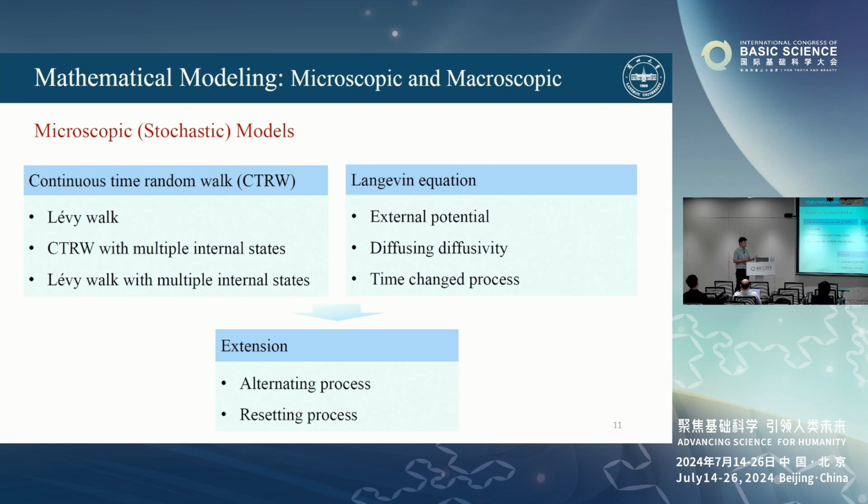We can also do a time change to Brownian motion to get a process which can characterize subdiffusion. But the time change process is still a process, a map from R to R. Another one is also some other process, such as an alternating process or a resetting process.